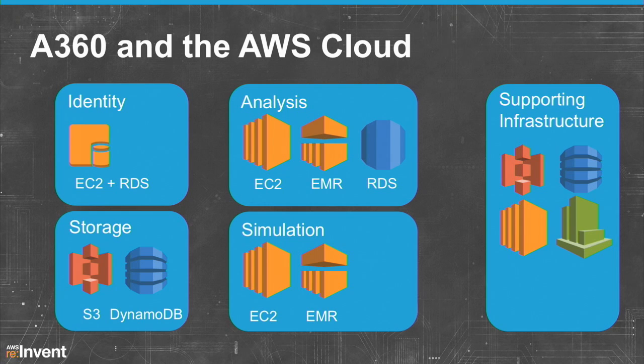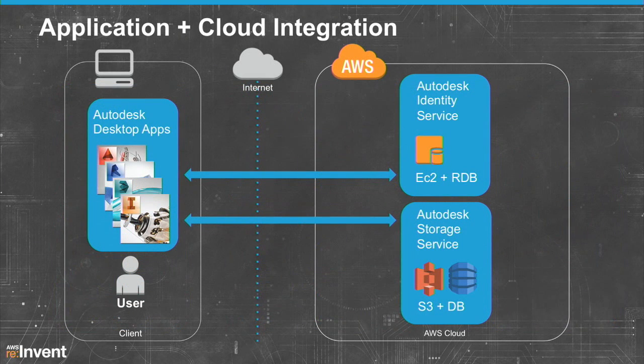And we also have analytics and simulation backed by AWS as well. And our operations team is also heavily using the S3, EC2, and database services. So where this gets integrated is how it fits all together.